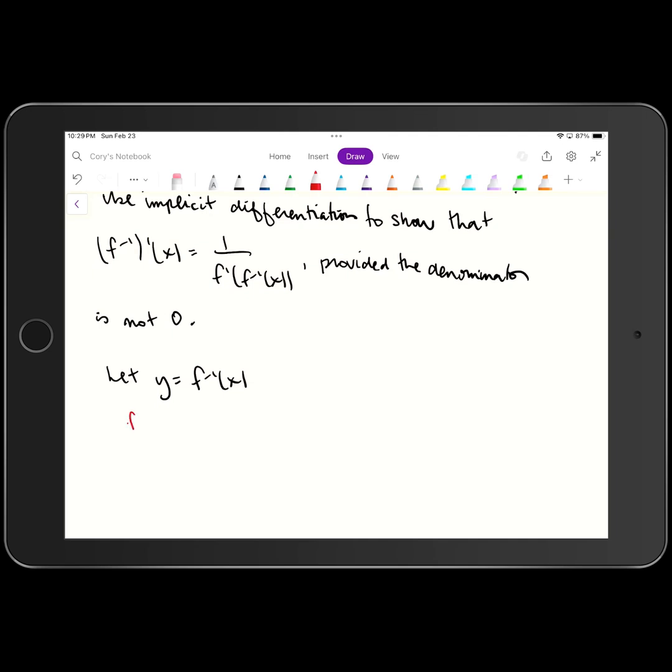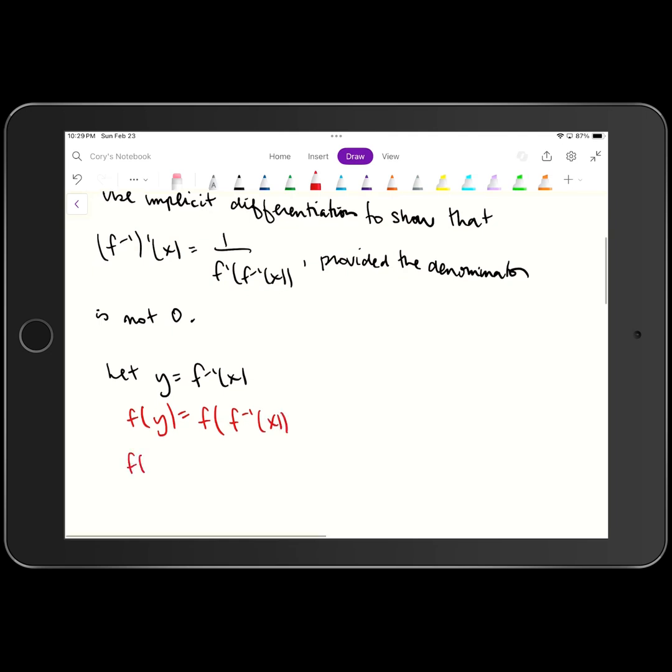Okay, so when we do that, when I take f of the left-hand side, that gives us f of y. And when we take f of the right-hand side, we get f of f inverse of x.